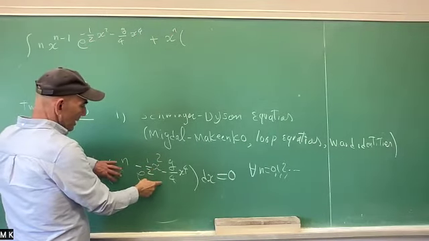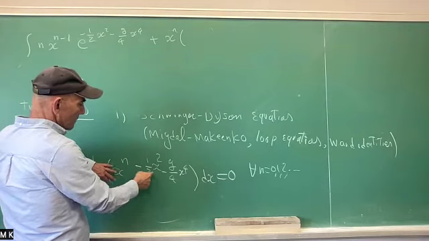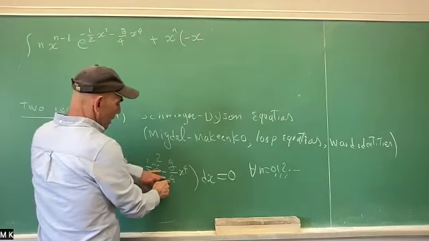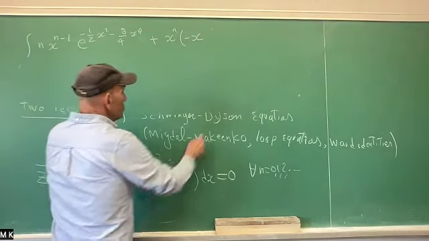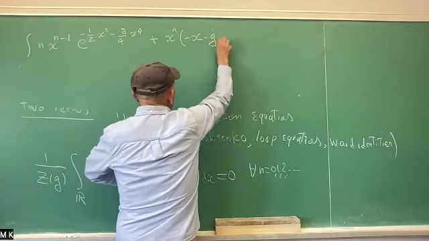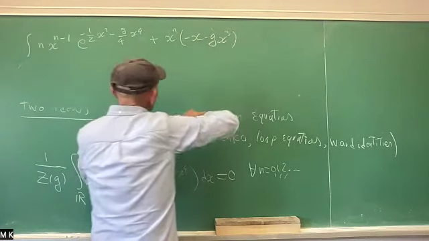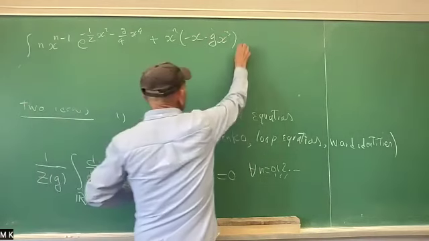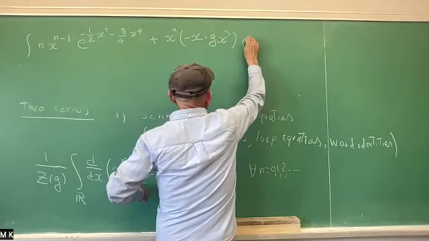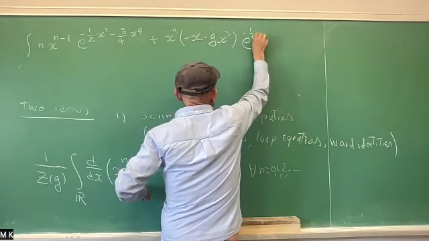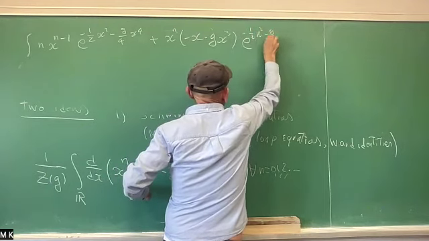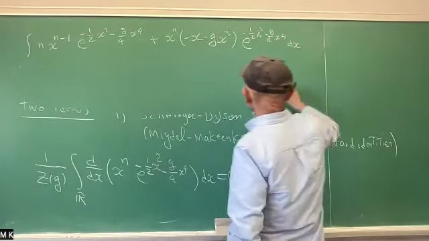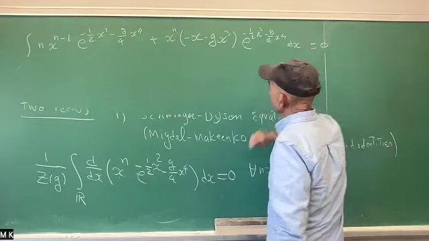If we differentiate this, we get negative x, and for this one we get g x cubed, times e to the minus 1/2 x squared minus g over 4 x^4 dx. So we get this whole thing equal to 0, right?